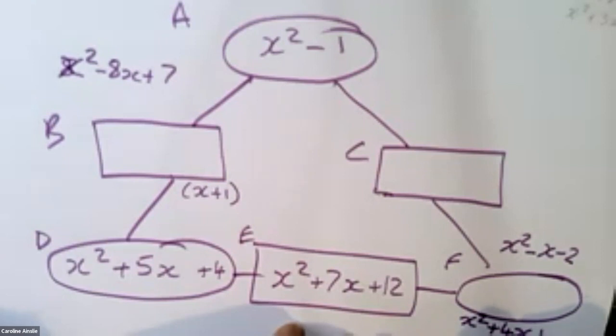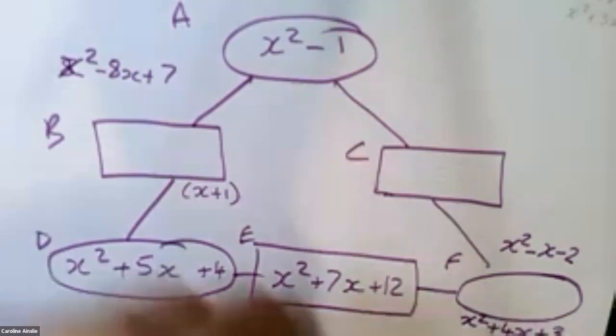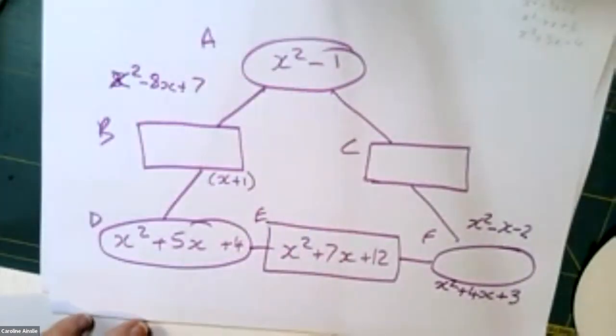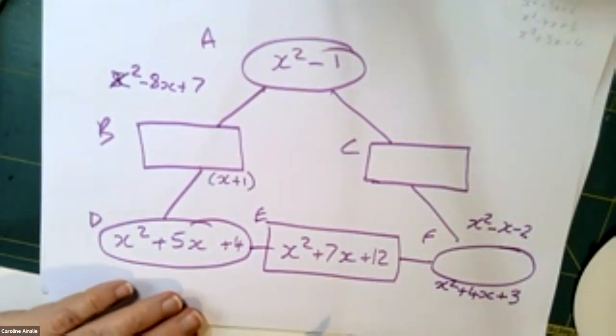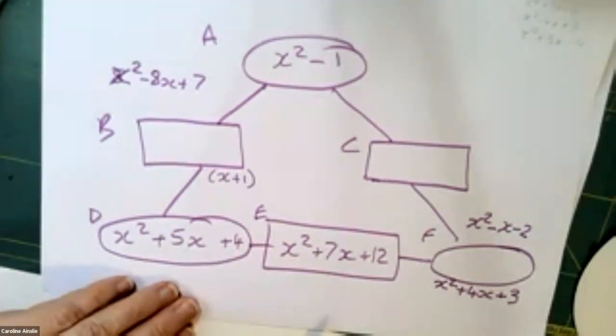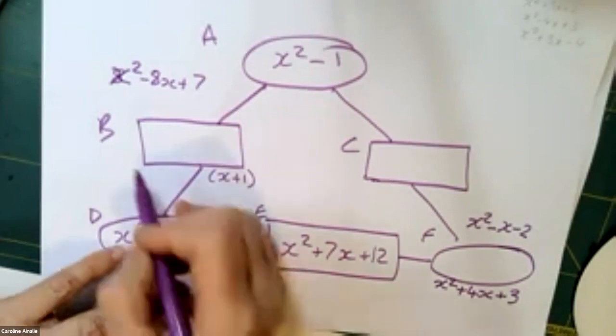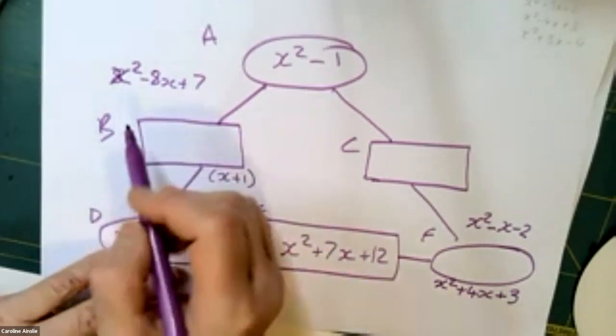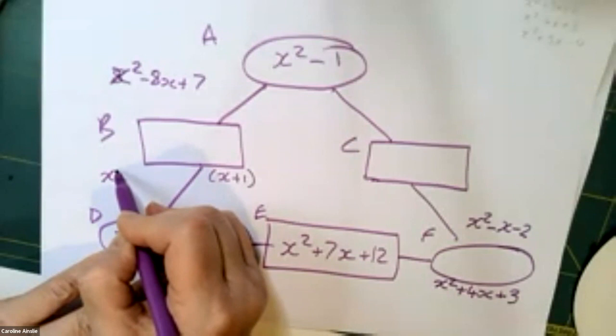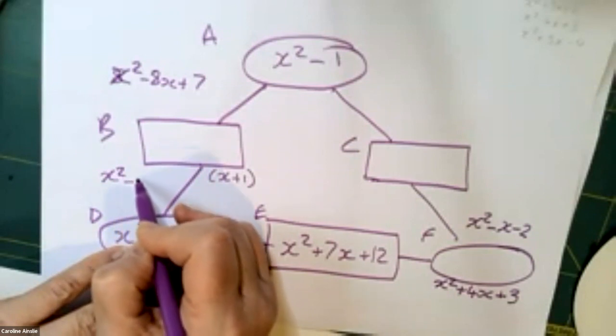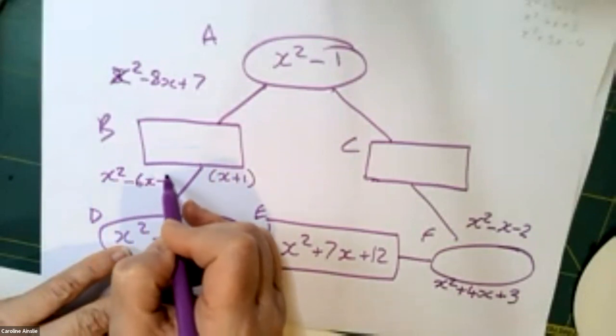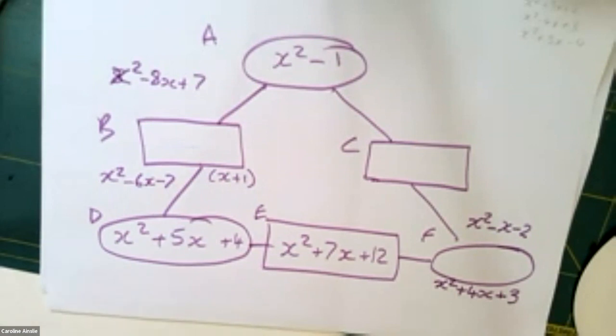Ah, yes. Well, I was struggling to find your common factors, Pam. You've corrected it. It's x minus 7 times x plus 1. That's correct. x minus 7 times x plus 1 in B gives you a factor x plus 1 that's common to A, B, and D.